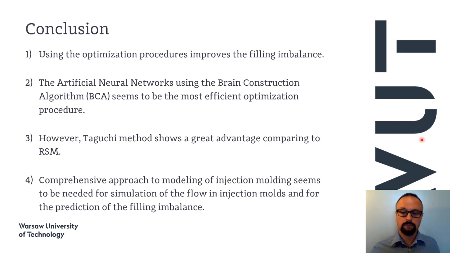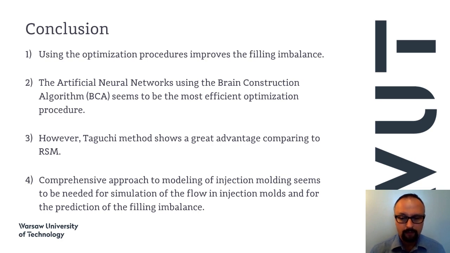Okay, so right now let's try to draw some conclusions. And of course, the first, maybe not the most important one, but I think the most obvious, is that it is always good to use optimization.